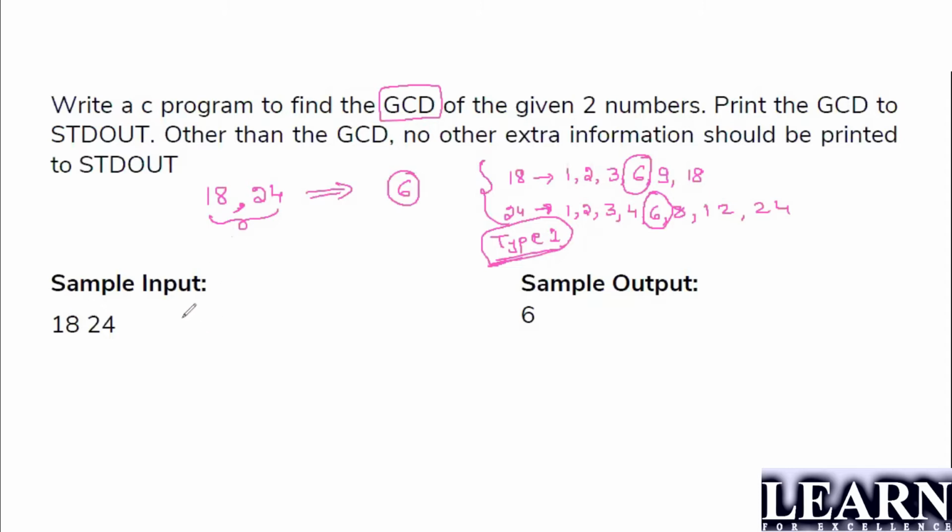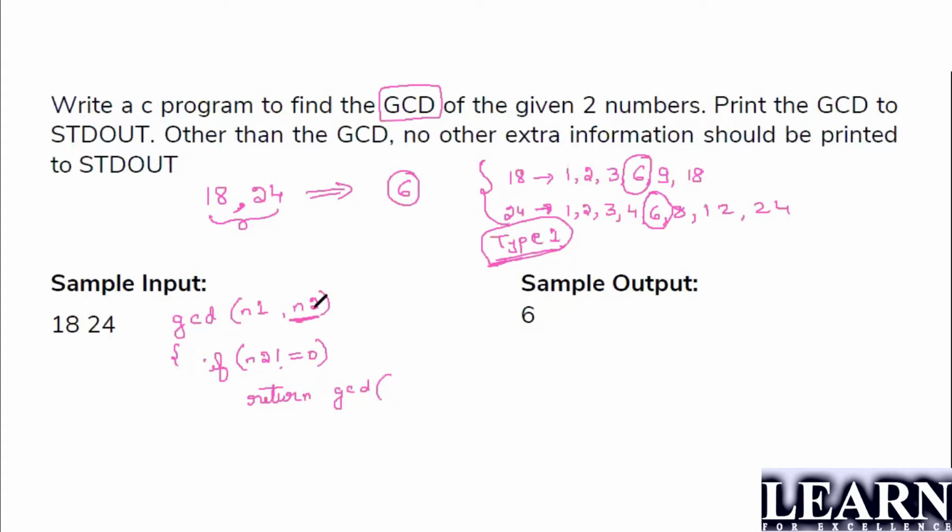So GCD is the function where I'll send N1 and N2. Please make a note of it. Inside this, I check if N2 is not equal to 0, then I return GCD of N2 and N1 modulus N2, calling the function once again.